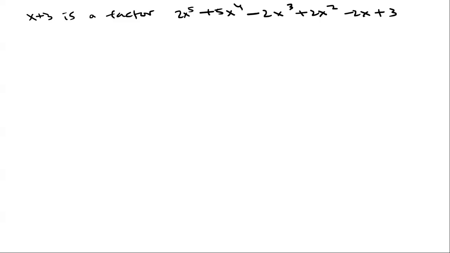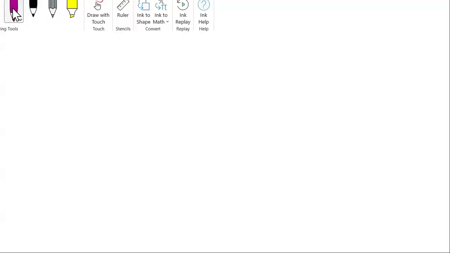Okay, so this is an example of a polynomial. What we want to do is figure out whether x plus 3 is a factor, or we need to show that it is. So how do we do that? To do that, we do what is called synthetic division.